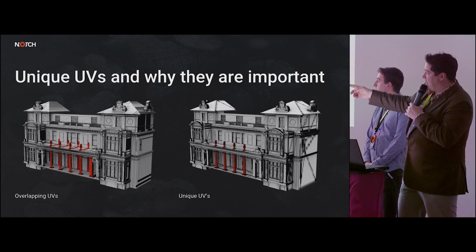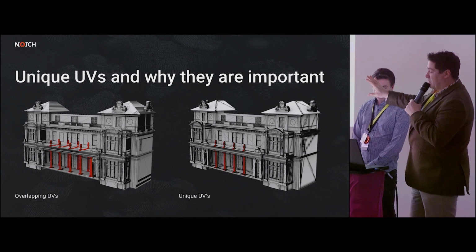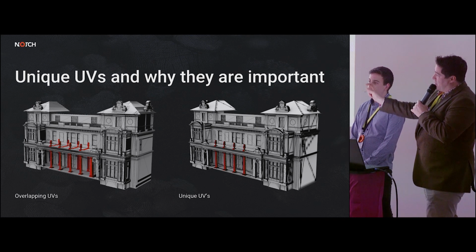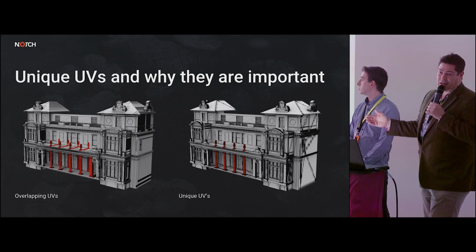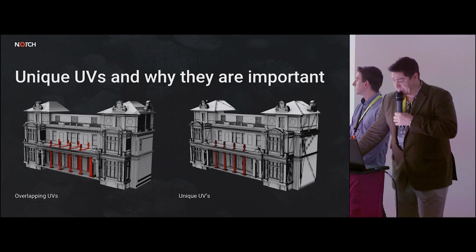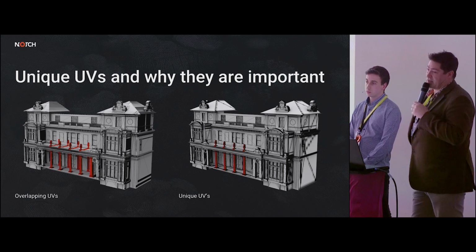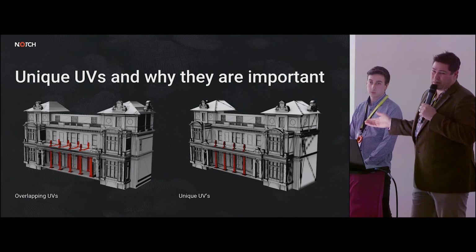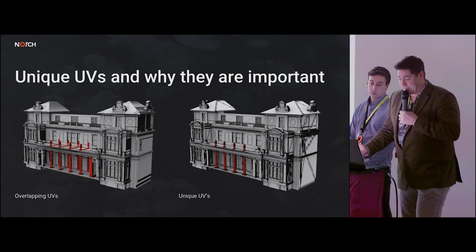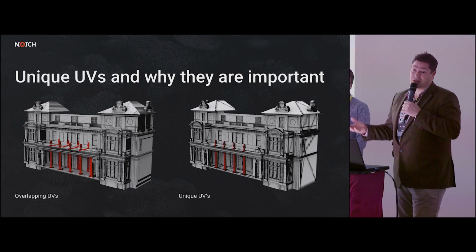Whereas on the left-hand side, even if you're really precise, and you only viewed that building from the front, if you paint the red on those pillars, there's still a chance it could bleed onto the other parts of the building. So making unique UVs is really important. It's really simple, so you might as well do it. It literally takes like 5-10 minutes, but it's just knowing to do it.